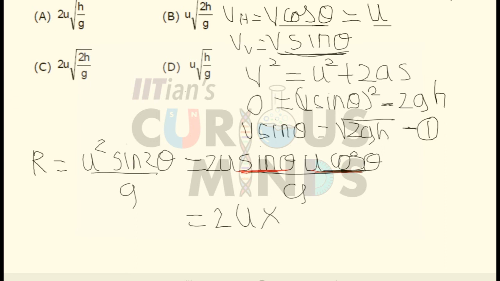Now v sine theta is given by root 2gh. So it will be root 2gh divided by g. The final formula will be 2, 1g and 1g get cancelled out, u root of 2h divided by g, which is option number C.